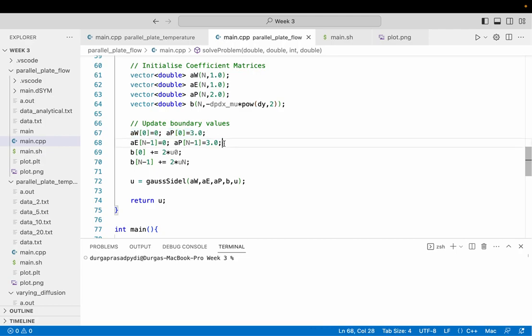On the right boundary, the east coefficient will be 0 and the current node value will be 3. At both boundaries, your b value is incremented by the corresponding boundary velocity. Since here we don't have any velocity components, it won't add anything, it will just be 0.